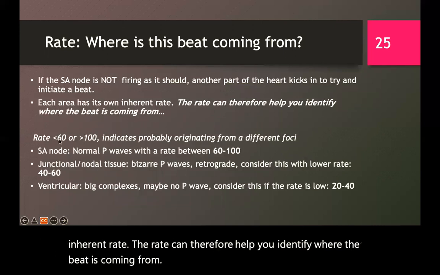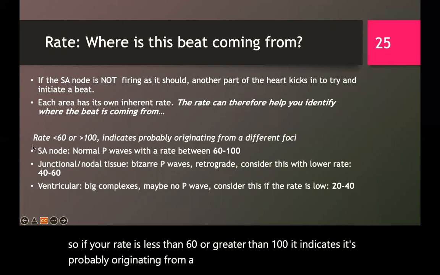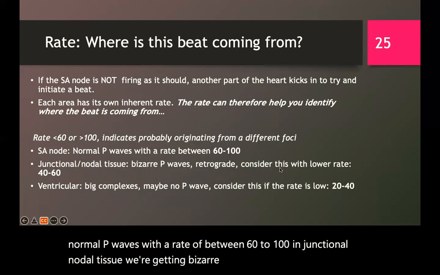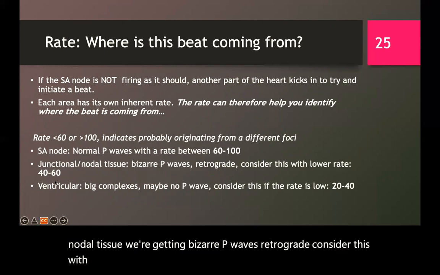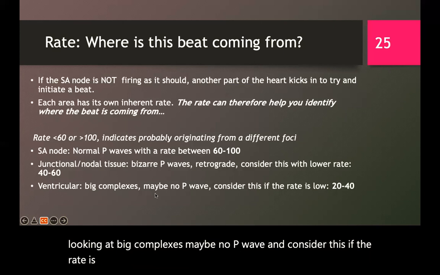So if your rate is less than 60 or greater than 100, it indicates it's probably originating from a different foci. So the SA node, the normal P waves with a rate of between 60 to 100. In junctional nodal tissue, we're getting bizarre P waves, retrograde. Consider this with a lower rate of 40 to 60. And if it's ventricular, then we're looking at big complexes, maybe no P wave, and consider this if the rate is low, between 20 to 40. We're very brady there.